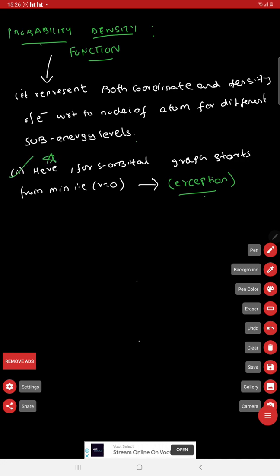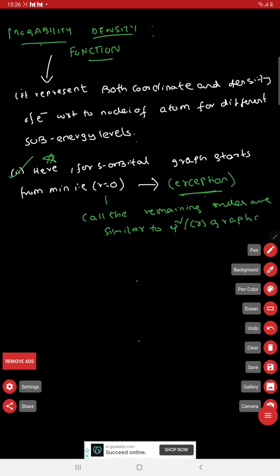For the s orbital, the graph starts from the minimum, that is a major exception, and all the remaining rules are similar to the psi square versus r graphs. So I will draw one graph, firstly the 4p graph.